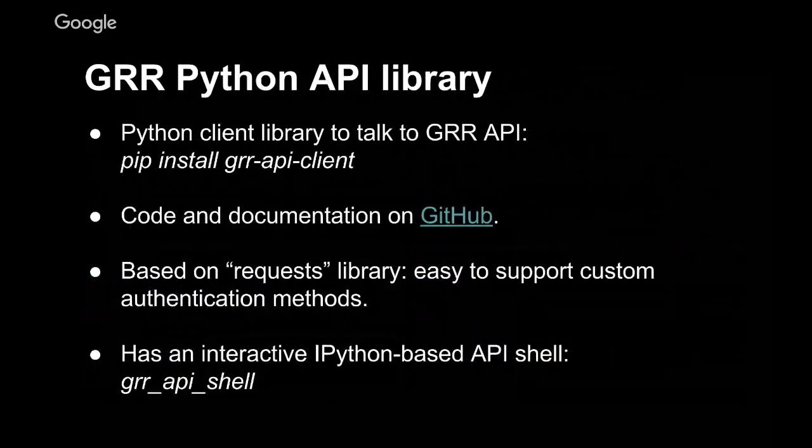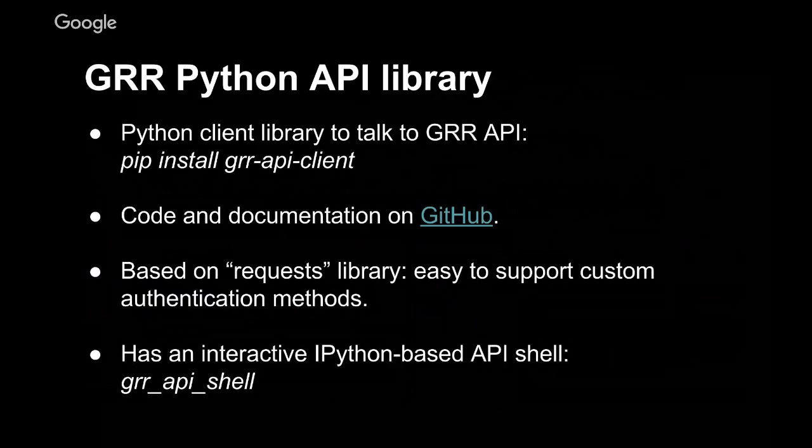To do this more easily, we have developed a Python API library, which is a separate pip package called GRR API client, which doesn't have a dependency on the GRR server and client, which makes it much more lightweight. You can find code and documentation with examples on GitHub. The link is in the presentation.